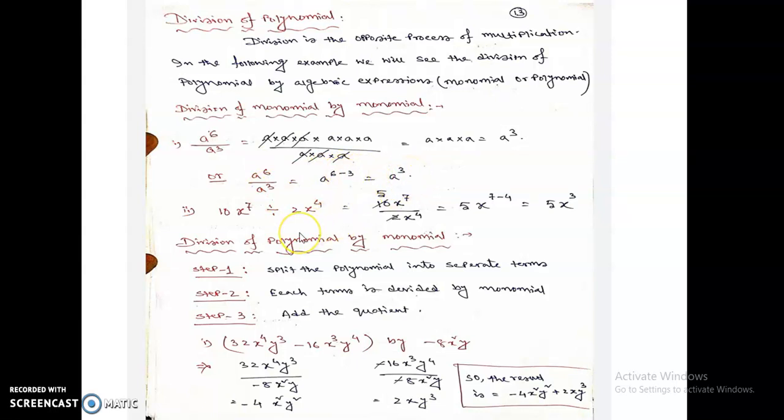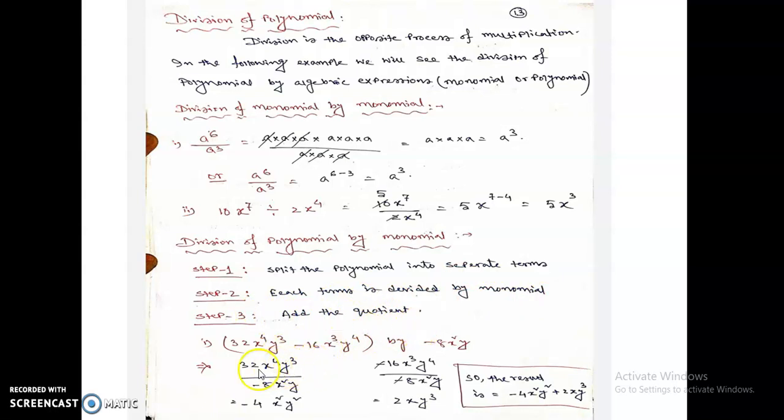Okay. So in case of division of a polynomial by a monomial, we follow the steps like step 1. In step 1, the polynomial has to be split up into separate terms, then each term is divided by the monomial, and ultimately we get the result by adding the quotients.